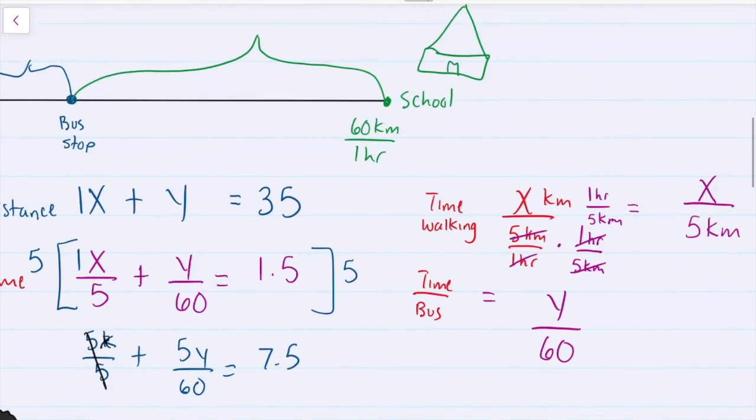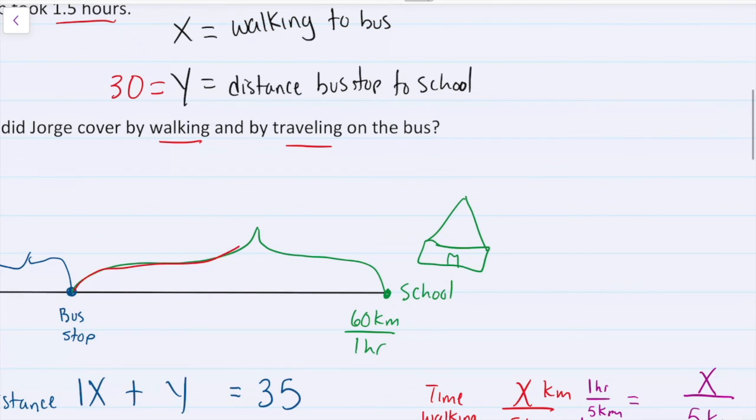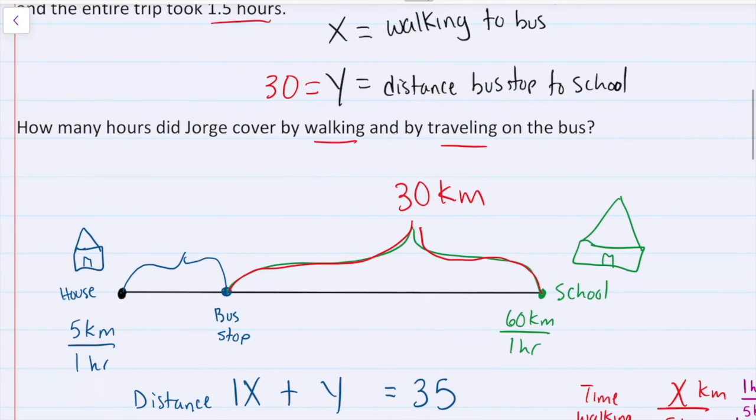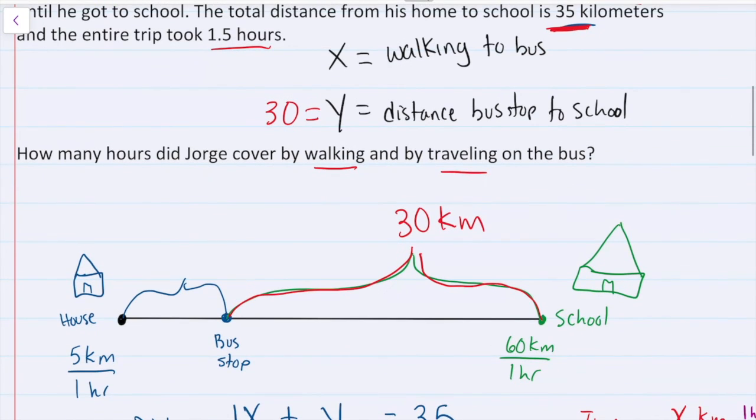Your y is 30. What did we say y was again? The distance going to school. So you found the total distance the bus went to school. Now, the total distance was 35. If this is 30, guys, what is the walk going to be? You guessed it, 5 kilometers.